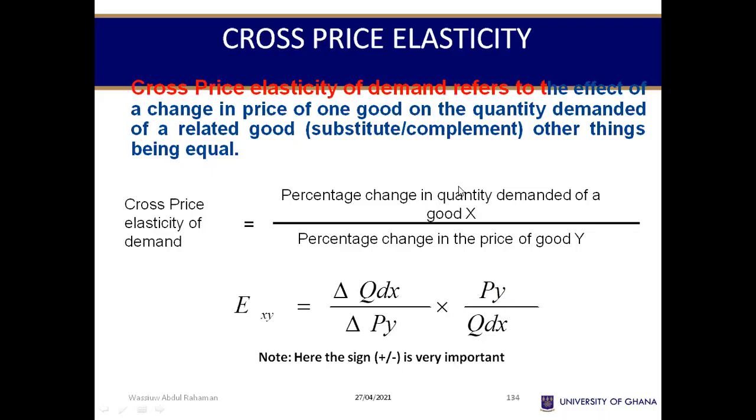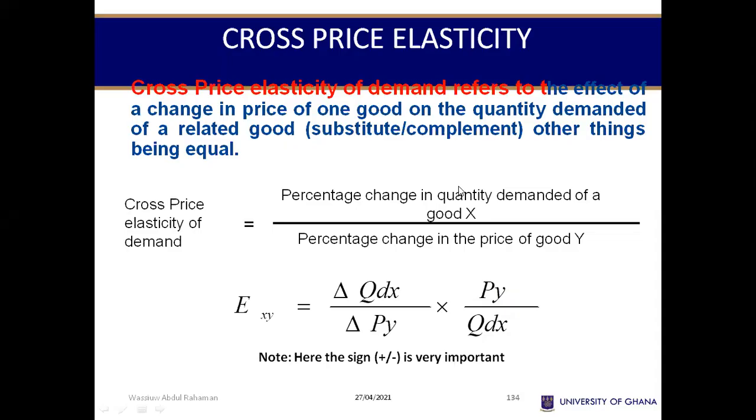It should be the initial price and quantity. So the PY you see on your screen should be the initial PY, and the QDX should be the initial quantity for X. If you work it this way, you will obtain the same answer as the first formula, which is the percentage change in quantity demanded of one commodity divided by the percentage change in the price of another commodity.